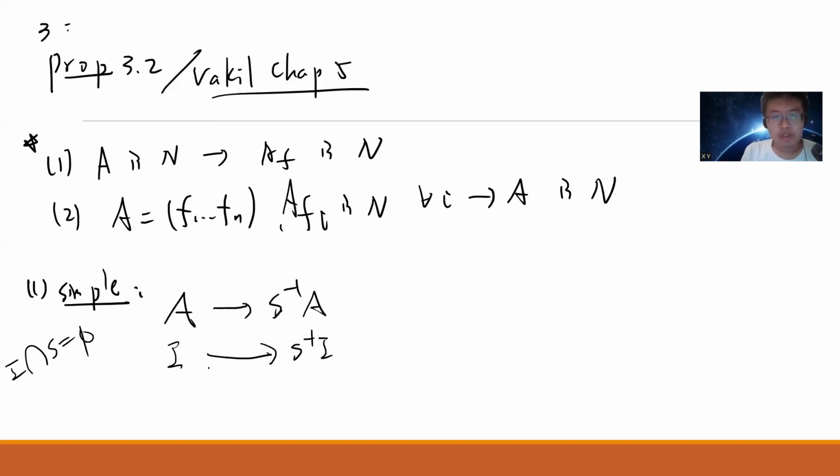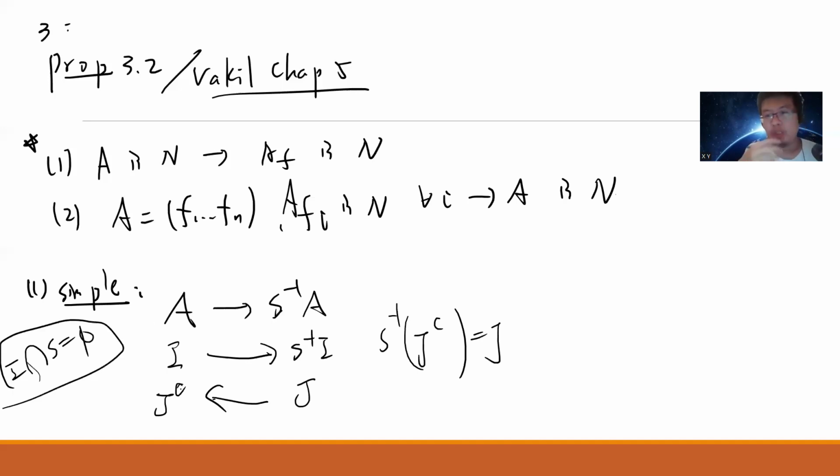And any ideal J of the localization must come from another ideal, let's call it the contraction of J. The contraction of J extended to S^{-1}A becomes J. So basically, under this condition, the ideals of the ring and of its localization are in one-to-one correspondence. If you don't know how to prove it, you can check out my previous video list.